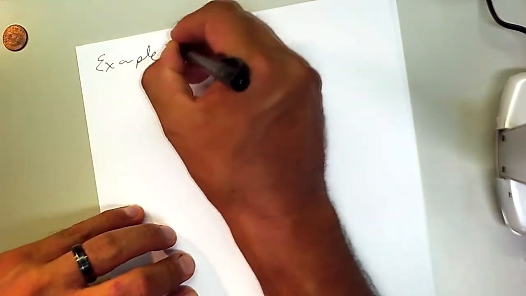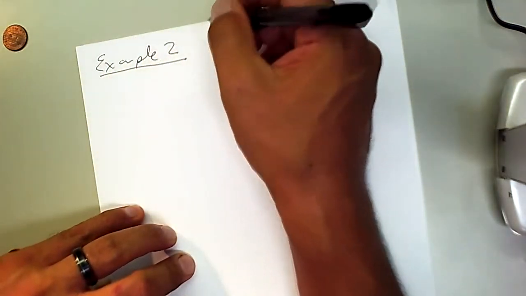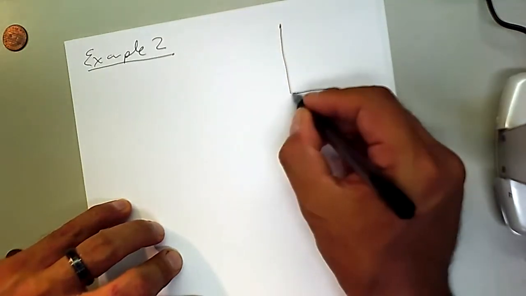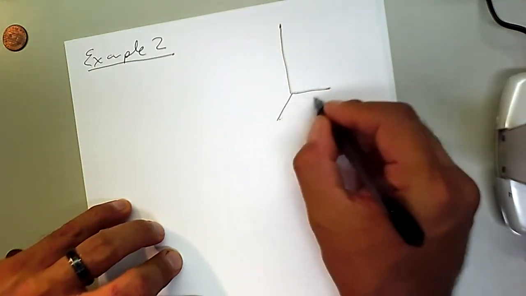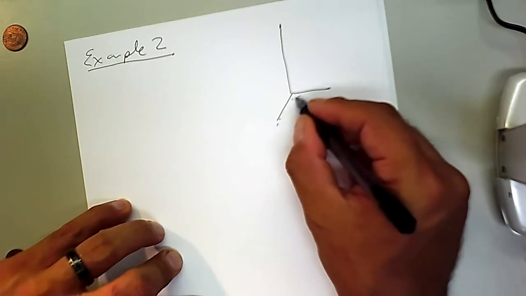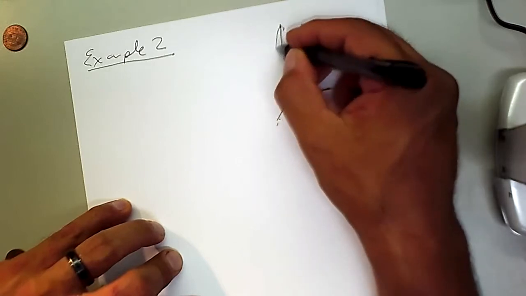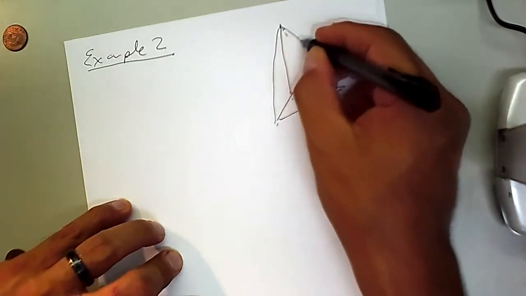And this is one of the easy examples. Example 2. Take this tetrahedron, 2 units one way, 3 units the other way, and then 5 units up.